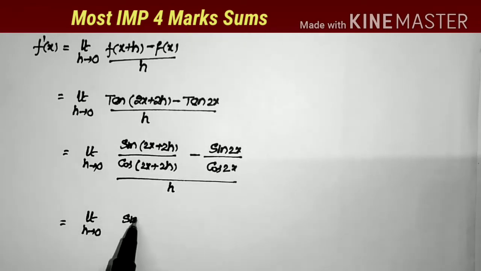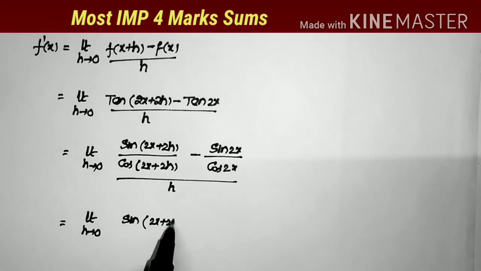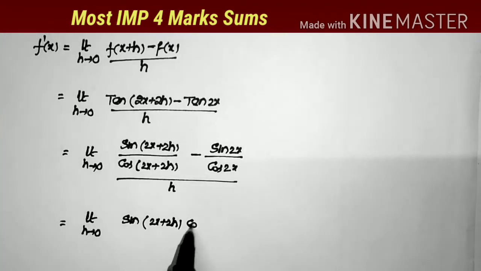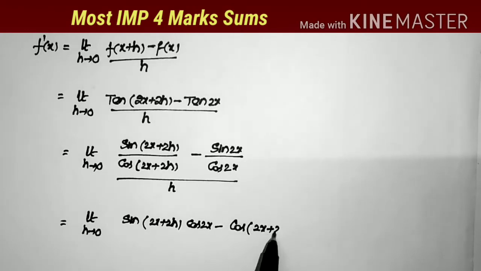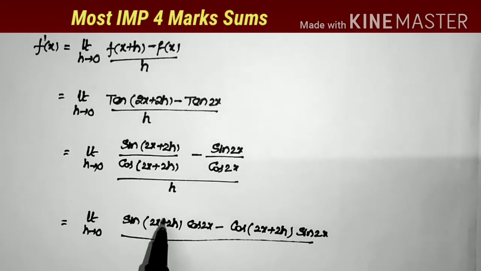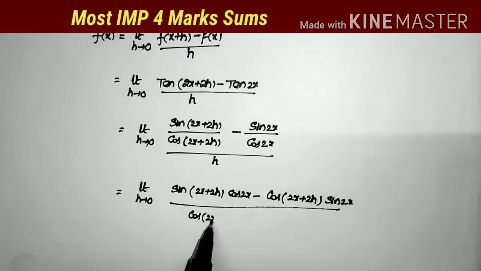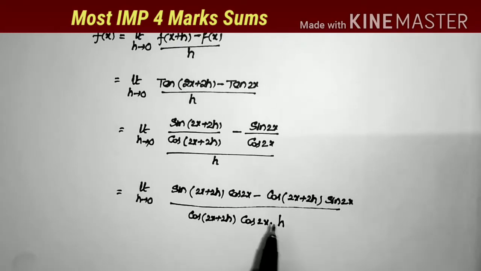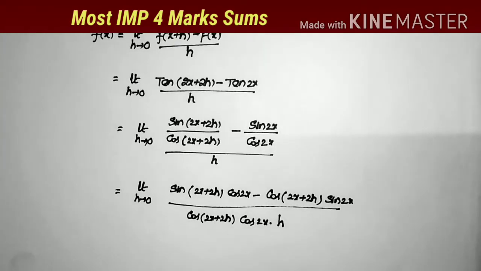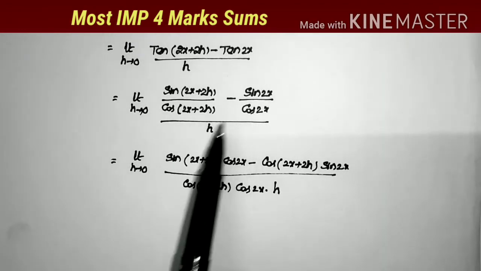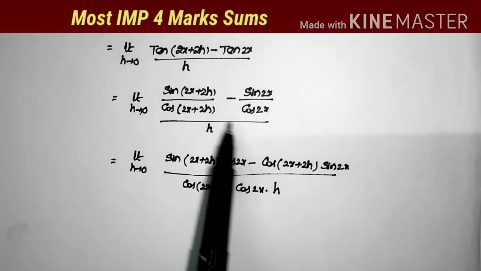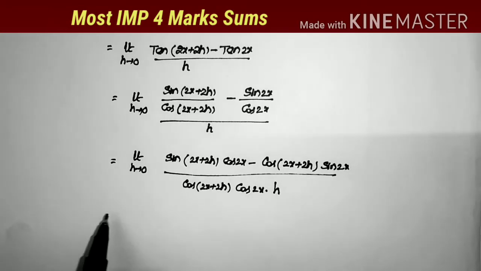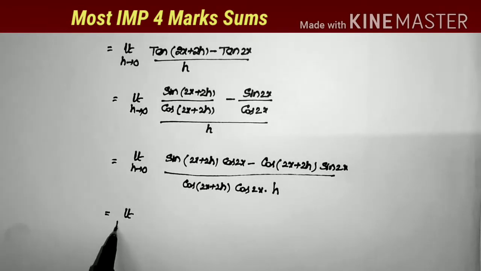Take the LCM. The numerator is sin of 2x plus 2h into cos 2x, minus cos of 2x plus 2h into sin 2x, whole by the denominator: cos of 2x plus 2h into cos 2x into h. Writing the h also in the same denominator, these three values are in the same denominator.